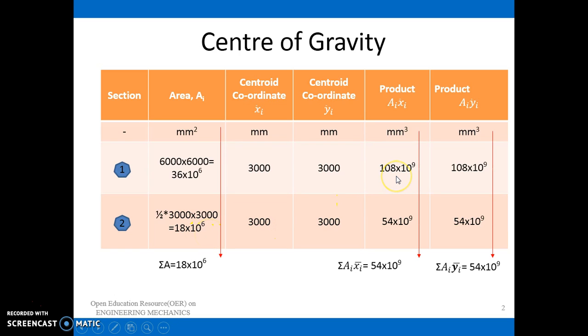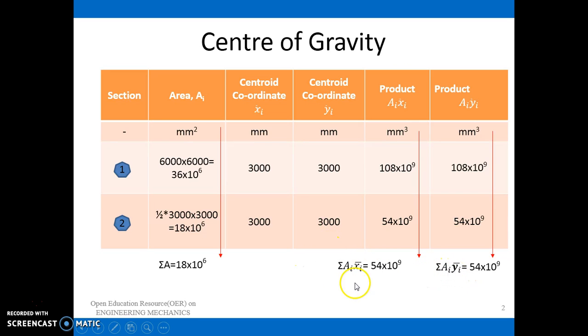Next, we find sigma Ai xi. Here also, since it is a cutout section, we reduce 108 into 10 raised to 9 by 54 into 10 raised to 9. So we get around 54 into 10 raised to 9. The same value is also found for sigma Ai yi.